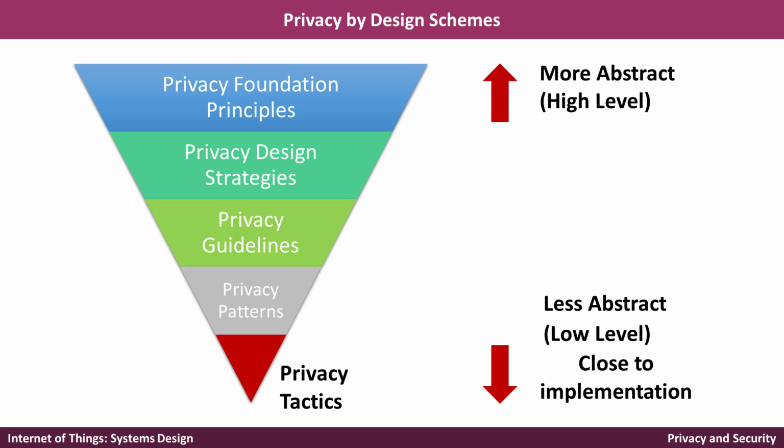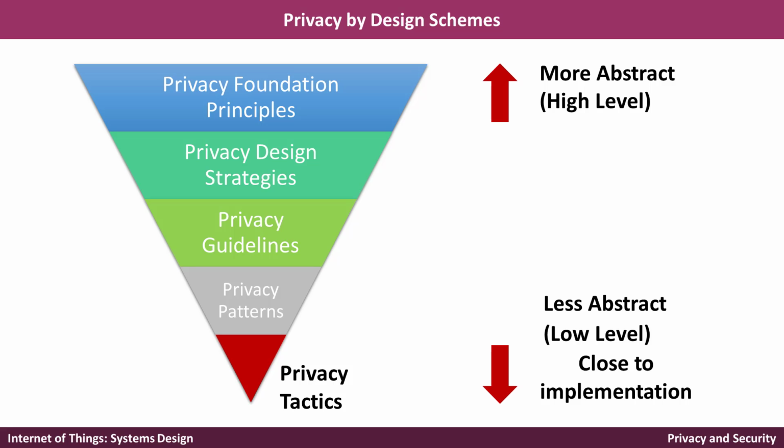The idea of patterns comes from software design patterns, which we all know, where they are designed to solve a specific software development problem. So privacy patterns are very similar. They are designed to solve a very specific problem. So if you have the same problem, you can basically implement the particular pattern.